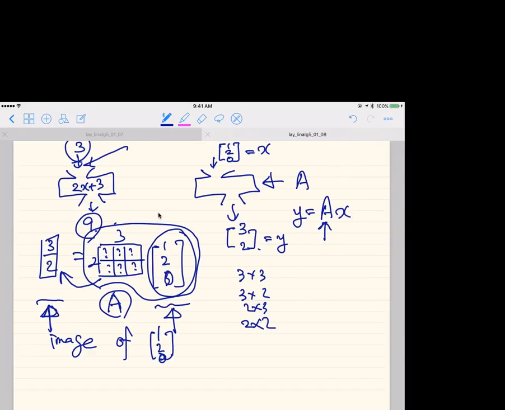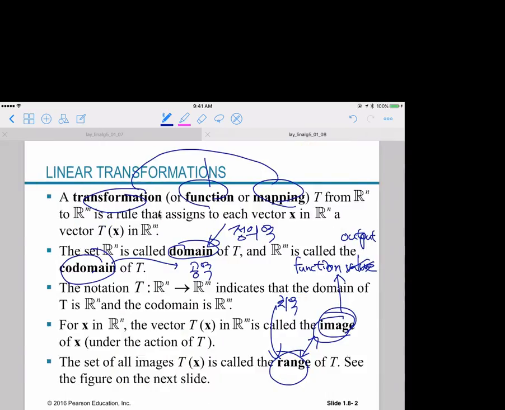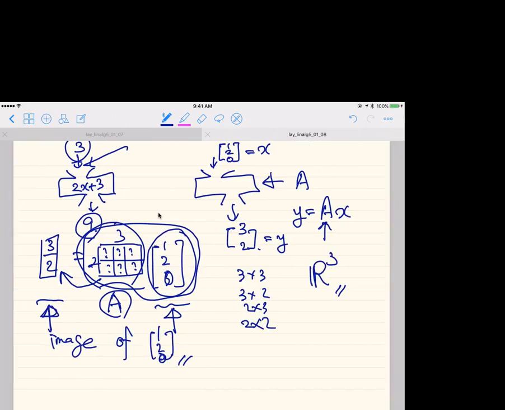Okay, and then in this matrix shape of 2 by 3, so you guys know the input vectors are living in 3-dimensional space. So if we consider all the possible 3-dimensional vectors, then that is called this R3, right? And then this becomes our what? Among domain, codomain, image, and range, what will be R3? Okay? It's domain, right?